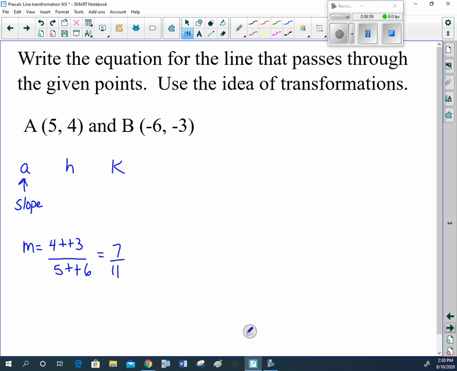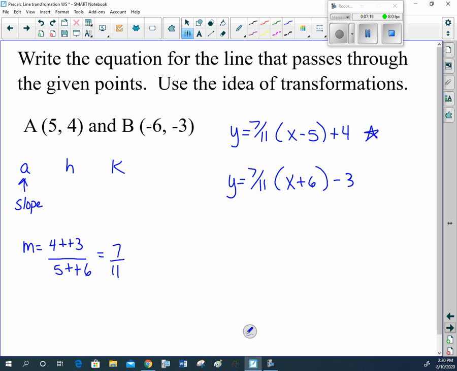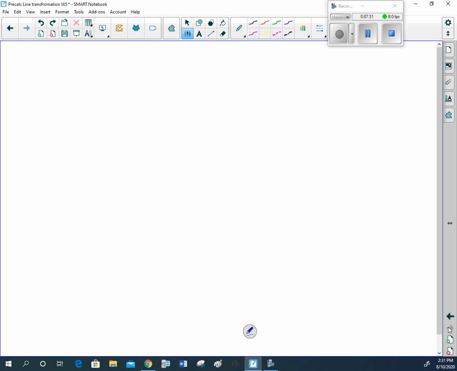We could pick either one of these 2 points, it doesn't matter. We could write y equals 7 over 11 times (x minus 5) plus 4. That's an okay answer. Or we could write y equals 7/11 times (x plus 6) minus 3. That is also acceptable. Those are 2 equations that would graph the line that goes through those 2 points. And that's using our idea of transformations, our A, H, and K. Okay, that's it. It's pretty quick.